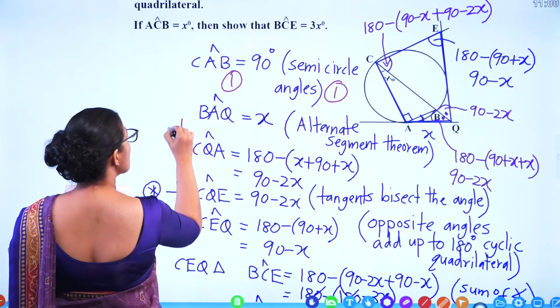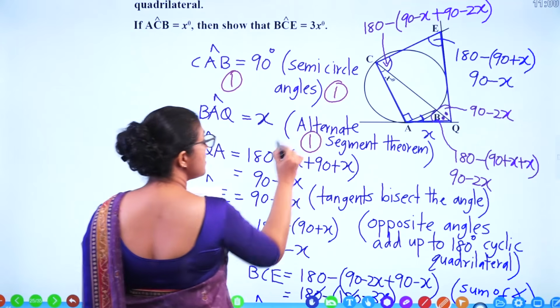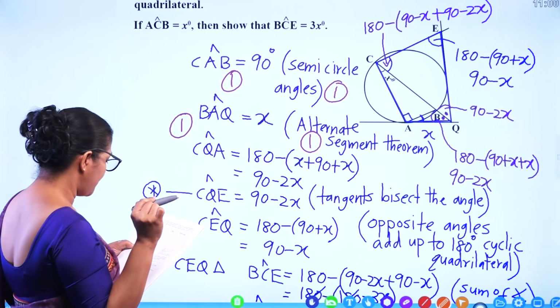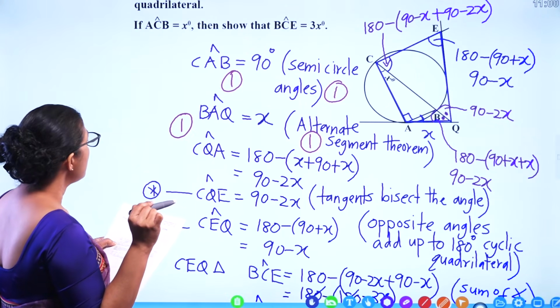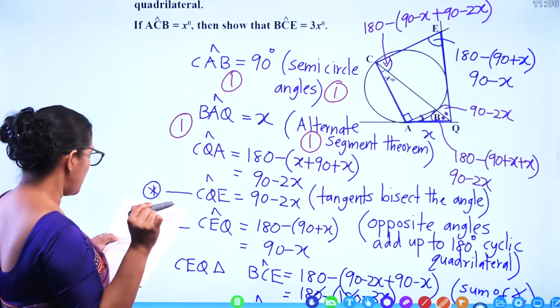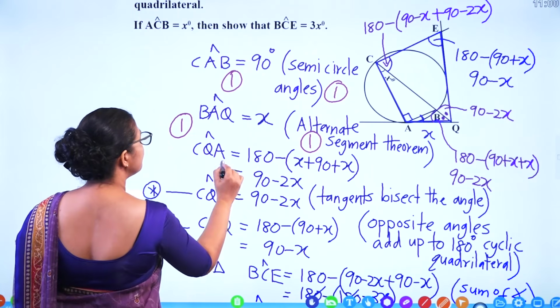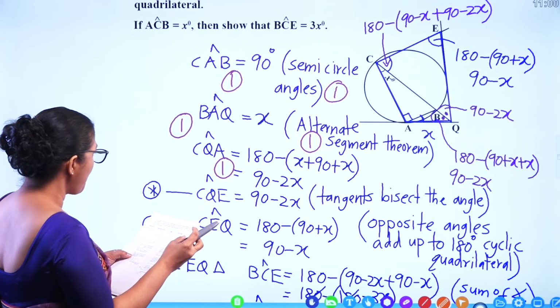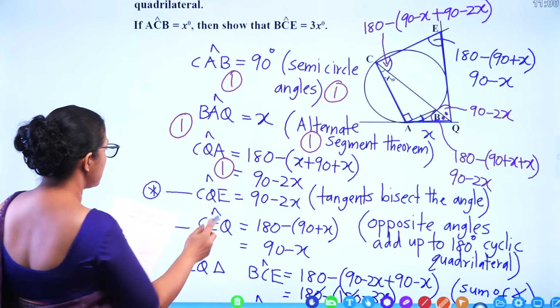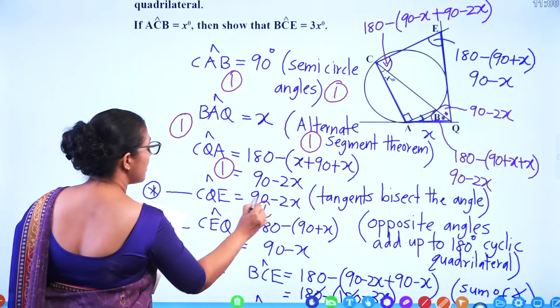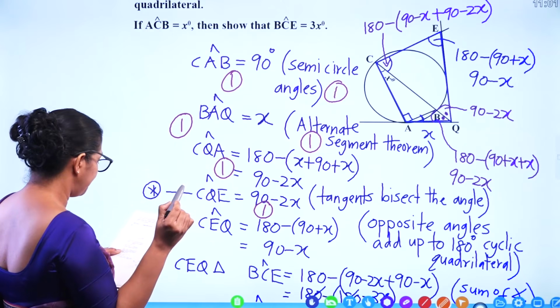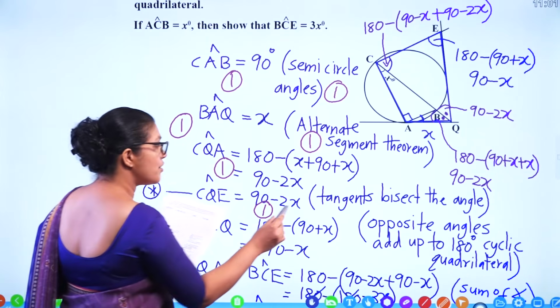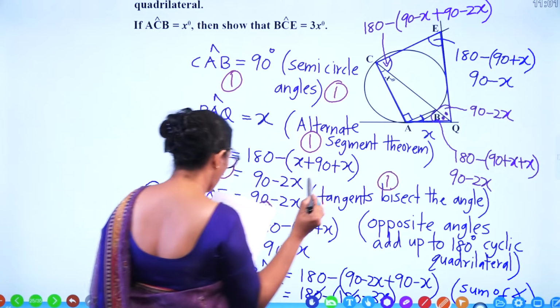You get 2 marks, 1, and writing down the reason, another 1 mark. And AQC angle is 90 minus 2x, 1 mark. And AQC is equal to CQE. Another 1 mark there. And writing down the reason, 1 mark.